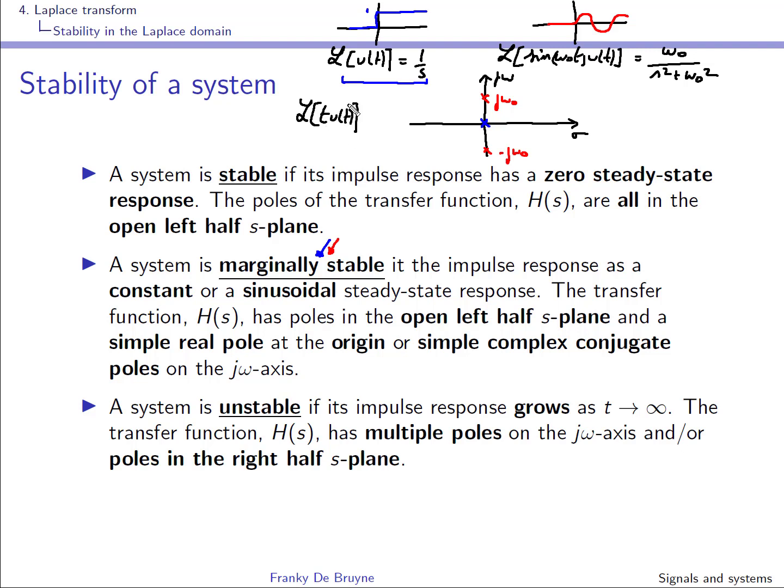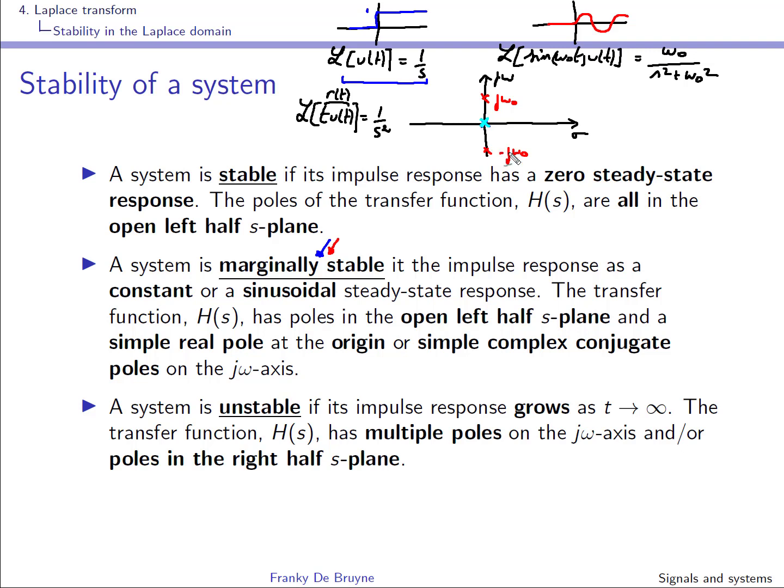That's a ramp, and you know that it's 1 over s square, and there you have two poles at the origin, and clearly having two poles at the origin will lead to instability. There is something similar. I won't go into the details. If you have several complex poles on the imaginary axis, this will also lead to instability.